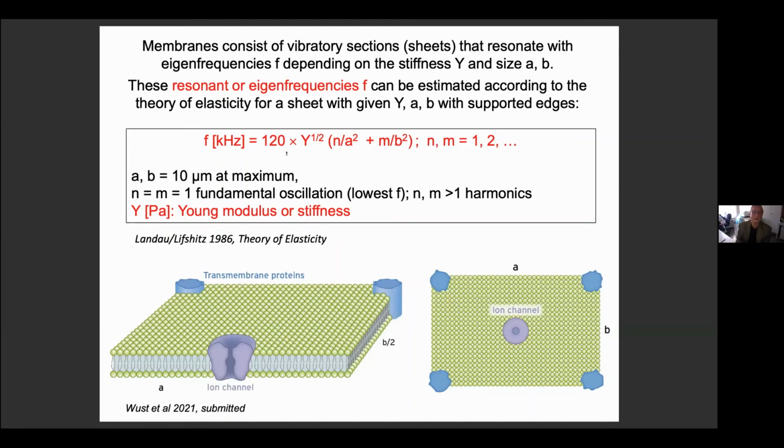And this eigenfrequency or resonant frequency depends on the stiffness, or also called Young modulus, and of course on the dimension of the section. So this is the formula, and we have to look if this is realistic and can describe our data.